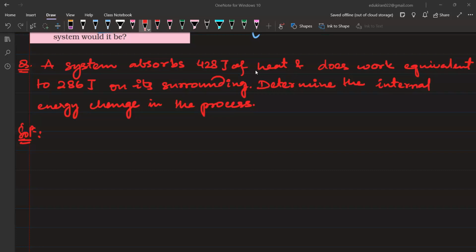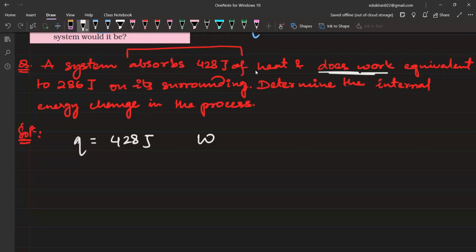So here it is saying system absorbs 428 joule of heat. That means Q will be positive, so we take the sign of Q as it is, 428 joules. Then it is saying does work. The system is doing the work, so how do we take work? Negative. So work will be equal to 286 joules with a minus sign.